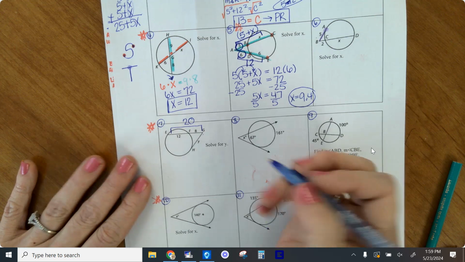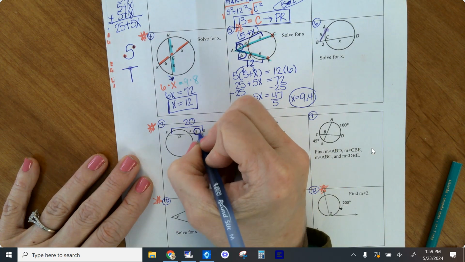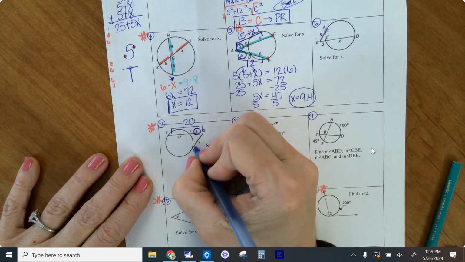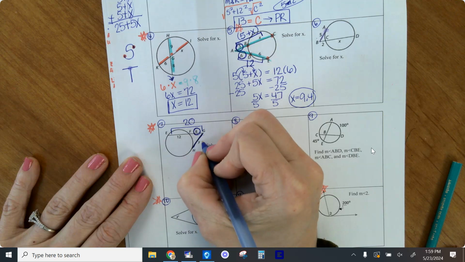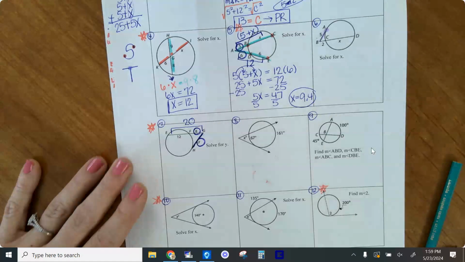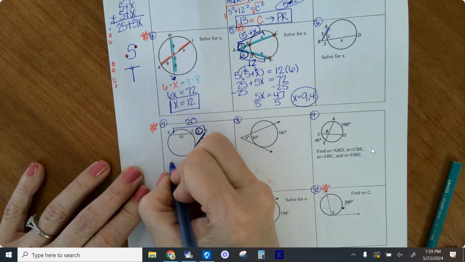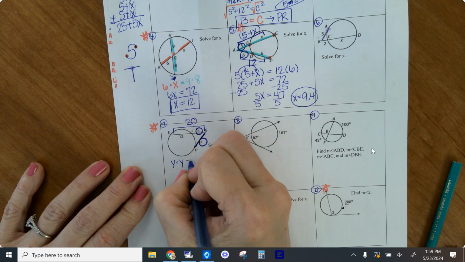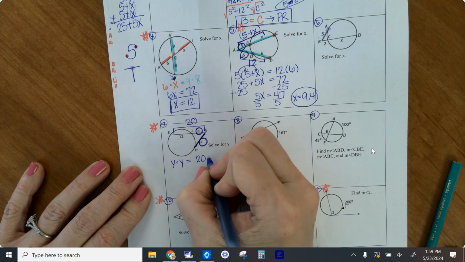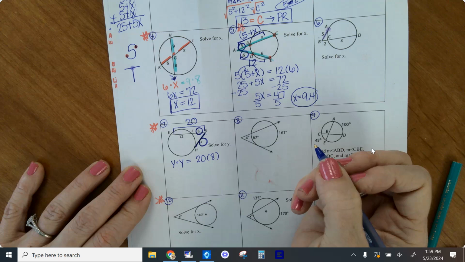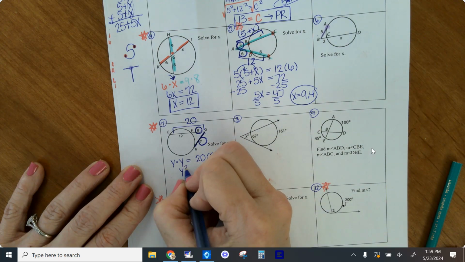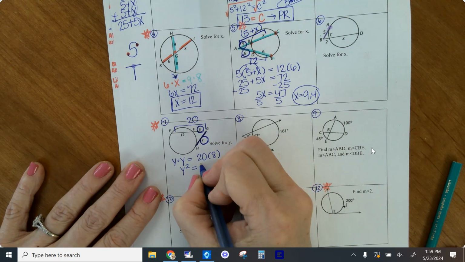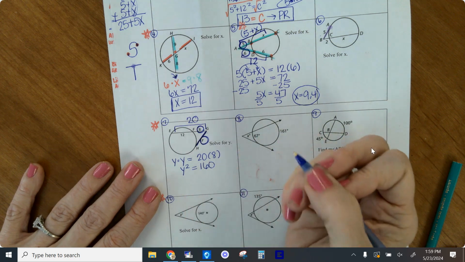The outer number is 8. Then on my tangent, the entire outside is a y. So y times y equals 20 times 8. y times y is y squared. 20 times 8 is 160.